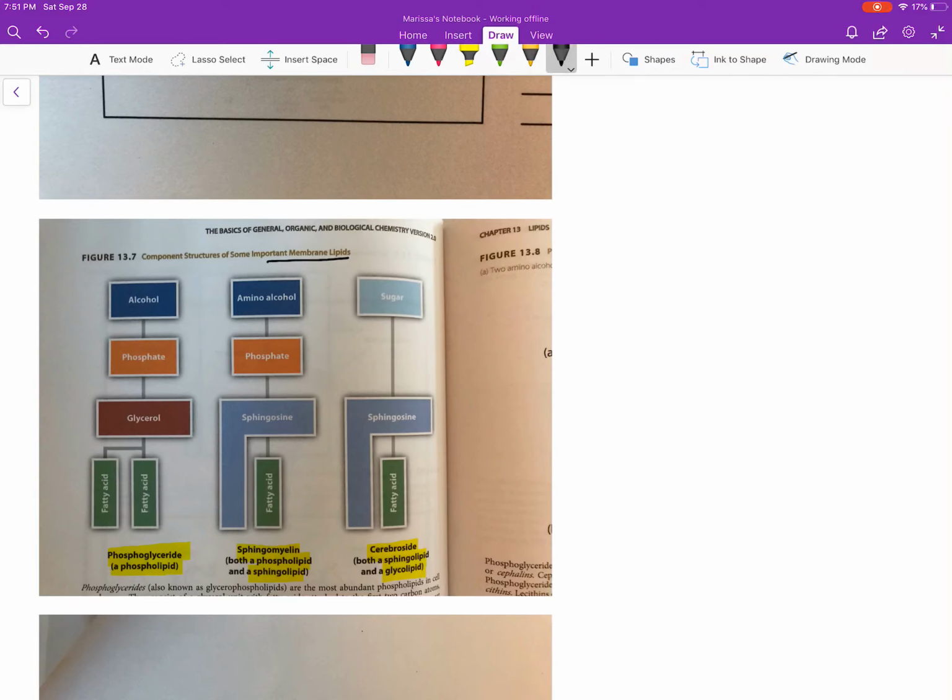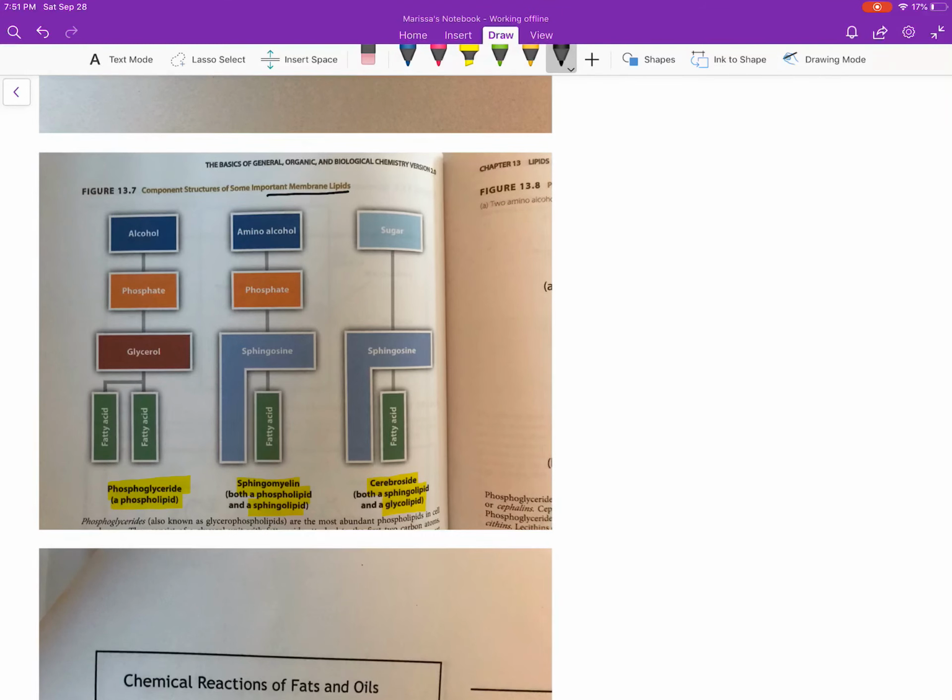So we have three subtypes, okay? And we can see here we have the alcohol, amino alcohol, sugar, hence the glyco, phosphates in these two, which is what makes them phospholipids. And then we have a glycerol. These two have a sphingosine group, which is what makes them classified as such. And then they all have at least one fatty acid group in common.